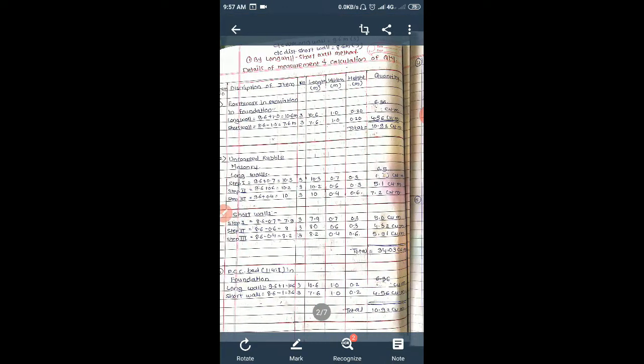Accordingly we will take these measurements and calculate the quantity of uncoursed rubble masonry for each step, then add up to get the total quantity, which is calculated in cubic meter only.